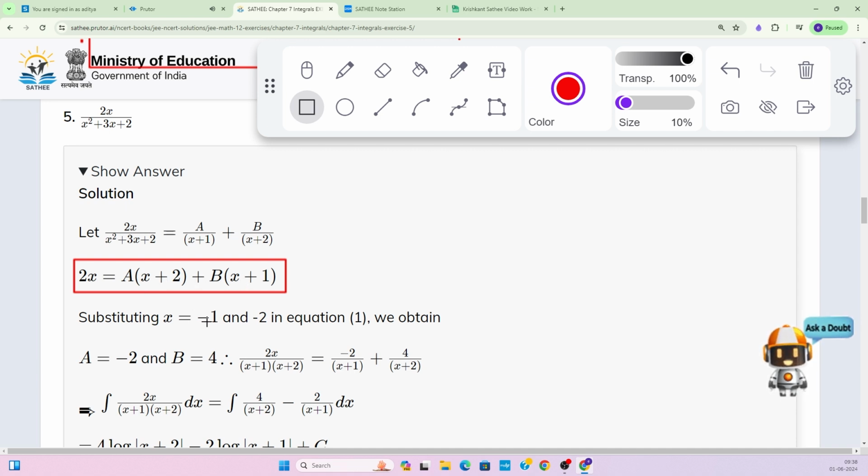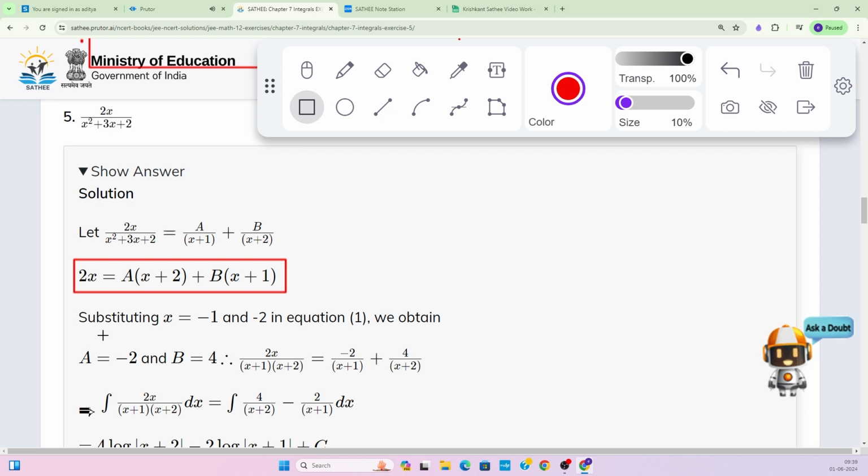Putting x is equal to minus 1, you will have a value. If you put x is equal to minus 1, this will be a, so you will have minus 2 is equal to a. This means a is equal to minus 2.